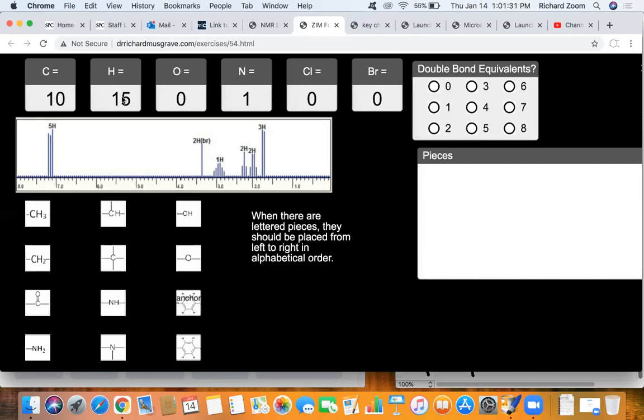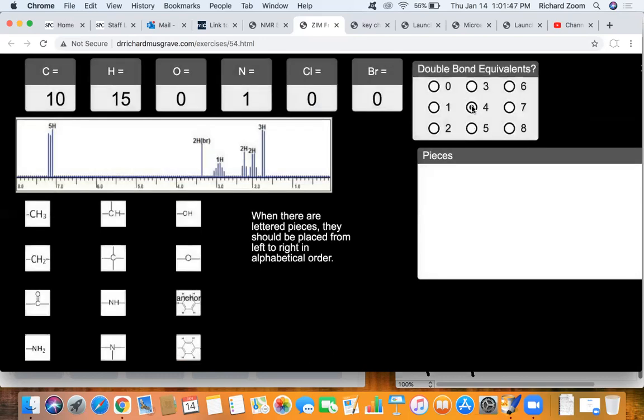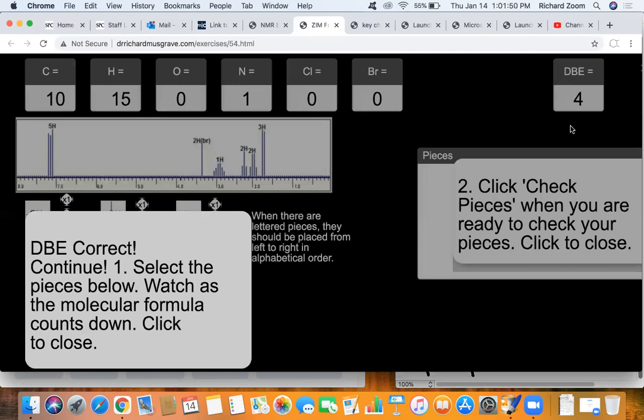So it'd be C10H22, which means it should be 4 double bond equivalents. I'm going to put in 5 and I'll show you what happens. It says the double bond equivalents are incorrect, but you can change it. 4 is correct. And then see, it says DBE correct.